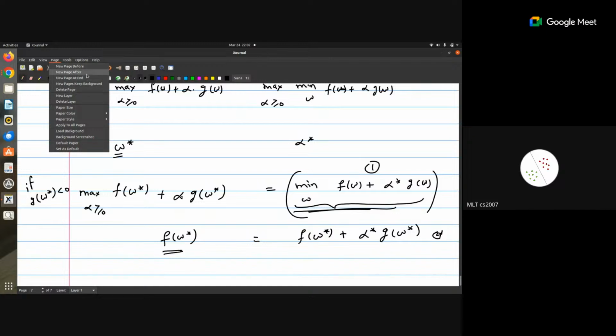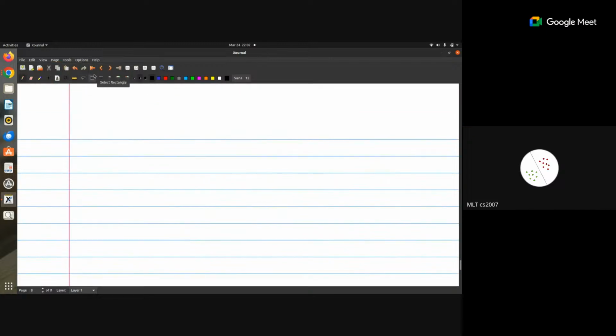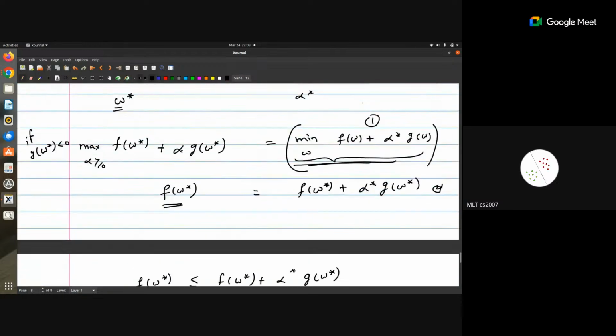I'll tell you. The upper bound should be less than or equal to f of w star plus alpha star into g of w star. You can think about it, and then we can discuss it.